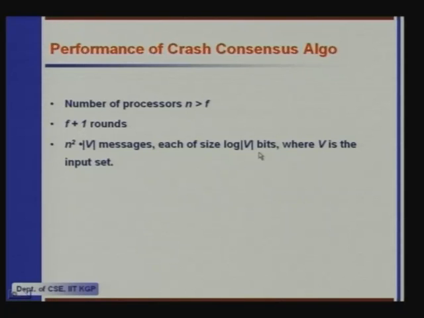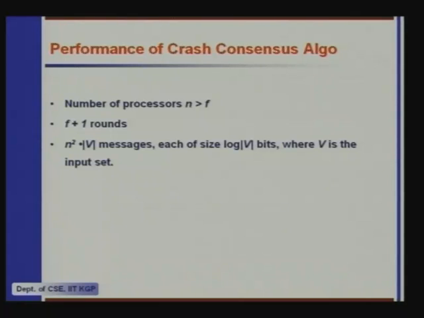So, we need log v number of bits to represent that value, and if there are v different values, then we will have n square v messages, because you see, if there is only one value, then after the first round no further messages will be exchanged, right.